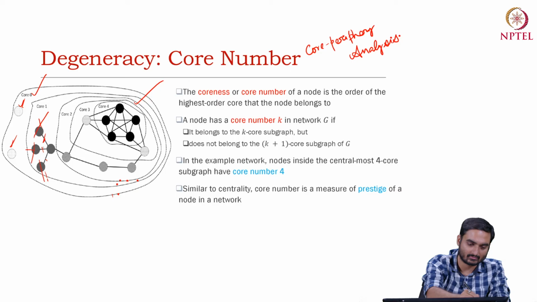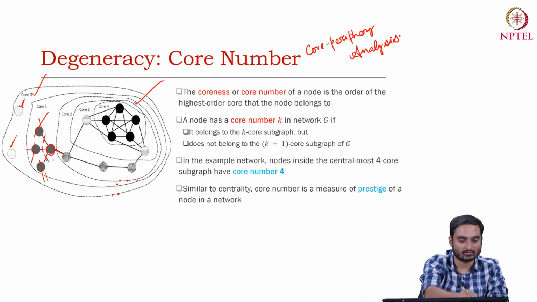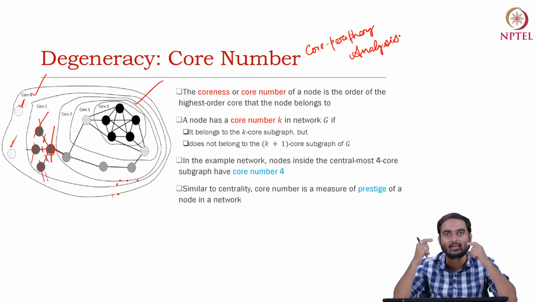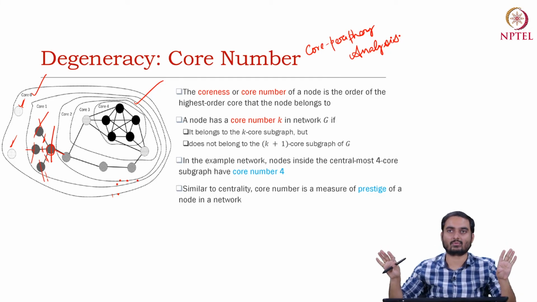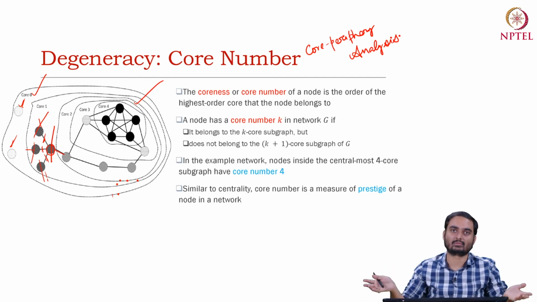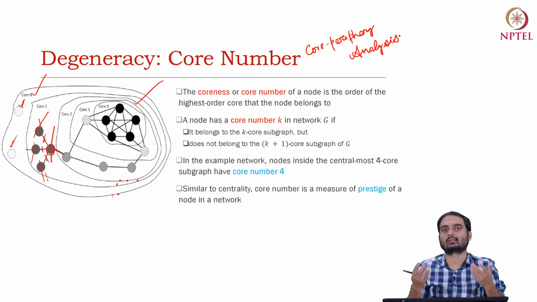For example, if you remove these 3 nodes and edges, this node will also have degree 1. You also remove this node. So you keep on removing nodes with degree 1. First you remove nodes with degree 1, that would result in some other nodes with degree 1, you also remove them. You keep on removing nodes until you see that there is no node with degree 1.